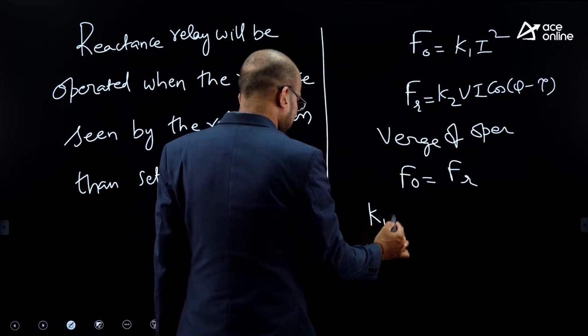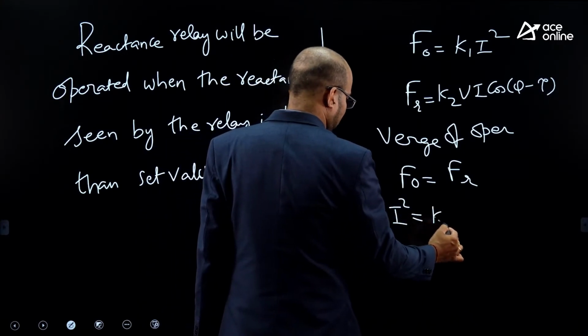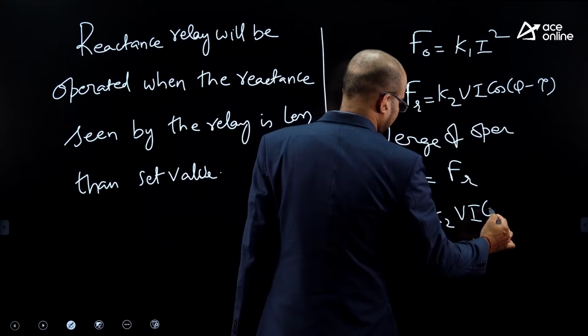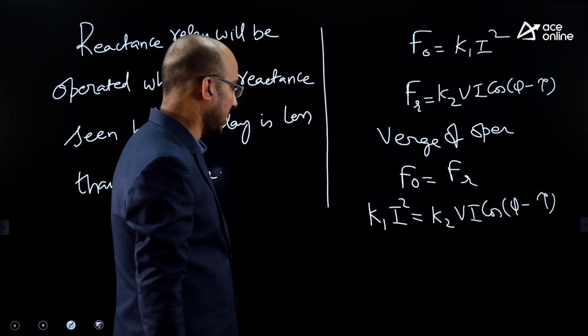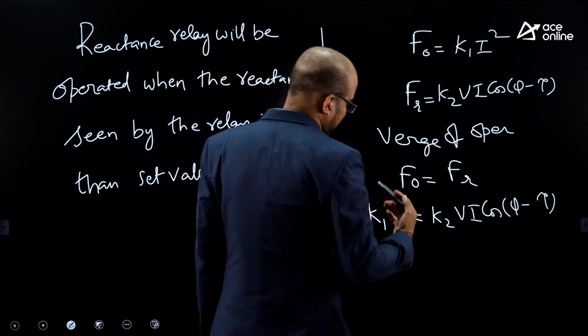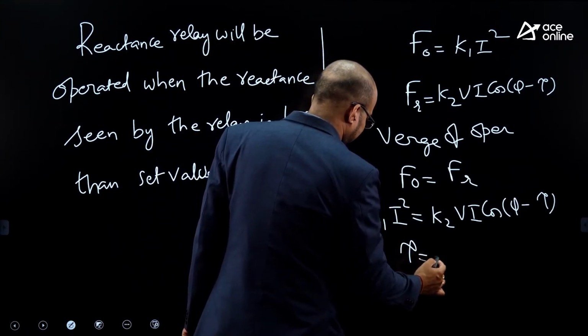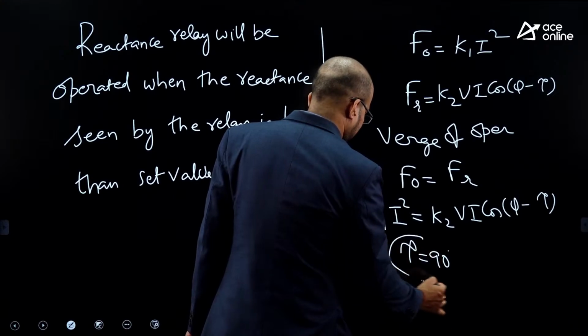That is, K1 I square is equal to K2 Vi cos of phi minus tau. Tau must be 90 degrees here.